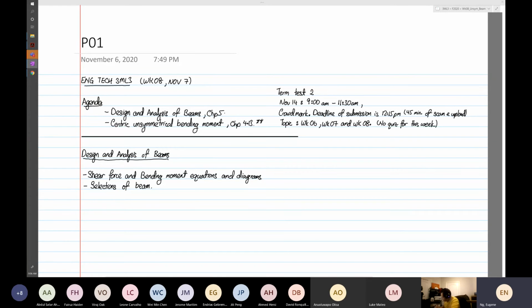So let's talk a bit about the shear force diagram and bending moment. Okay, so shear force, what we have is V, yes or no? And the shear force V will generate the shearing stress. Okay.